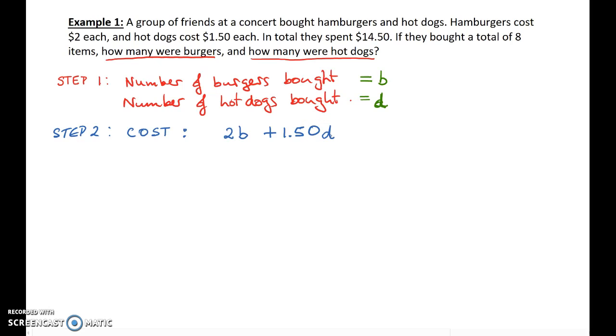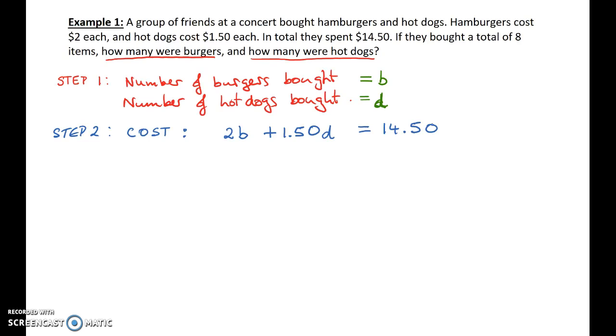So the total cost is $14.50. The burgers were $2 each, so we're going to use 2b for the cost of burgers and 1.50d for the hot dogs, and the total amount they spent is $14.50.